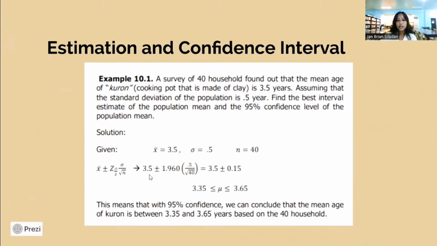So 3.5 plus minus 1.96 times 0.5 over square root of 40 equals 3.5 plus minus 0.15, where the population mean is greater than 3.35 but less than 3.65. This means that with 95% confidence, we can conclude that the mean age of the pots is between 3.35 and 3.65 years based on the 40 households.